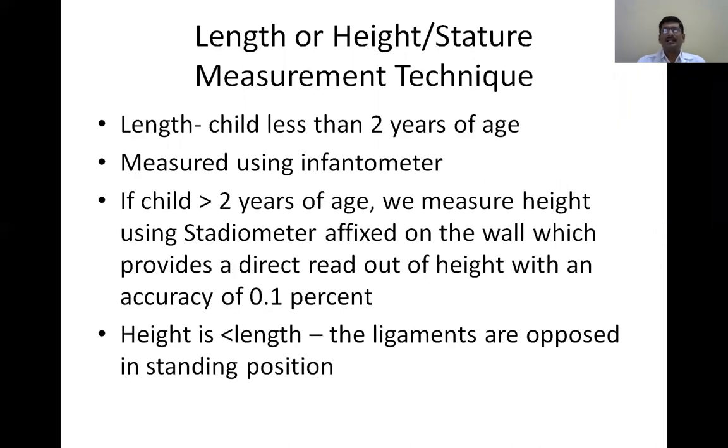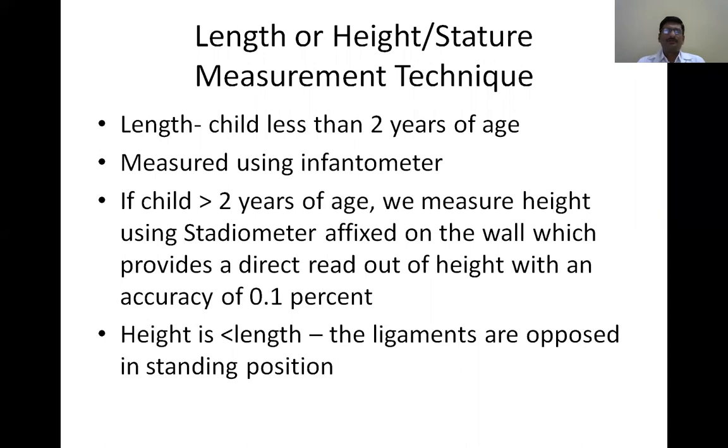Next comes the length or height or stature. This is another parameter which is measured as a part of anthropometric measurements in order to assess growth or nutritional deficiency, etc. Suppose we want to measure the length of a baby whose age is below 2 years.